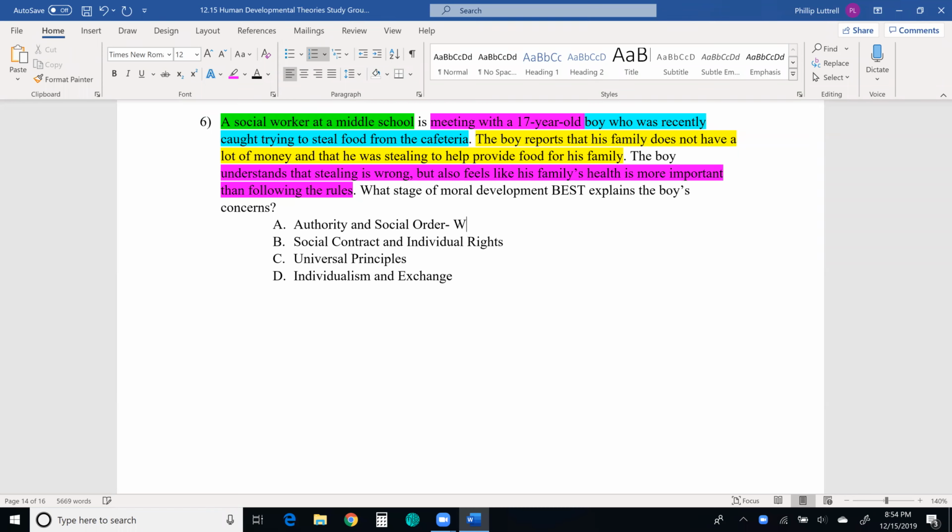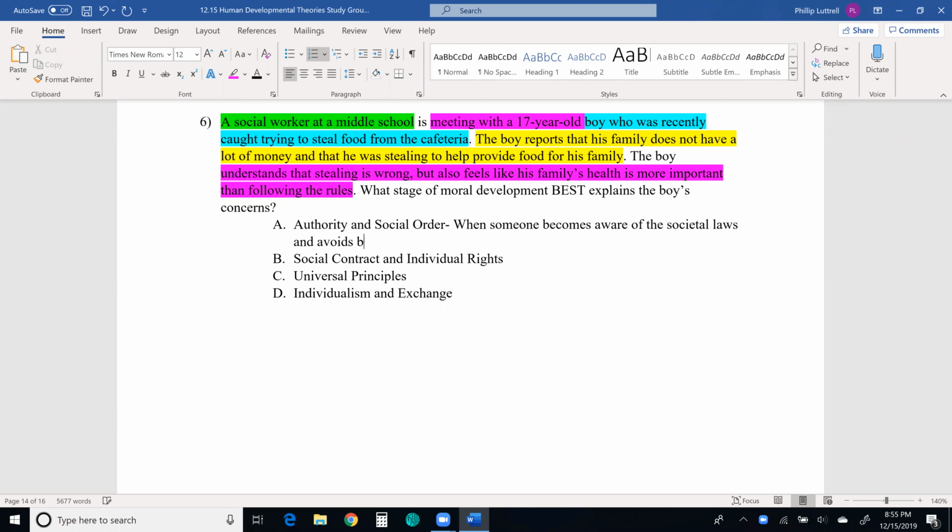Authority and social order is when someone becomes aware of the societal laws and avoids breaking them to conform with their identified social group.